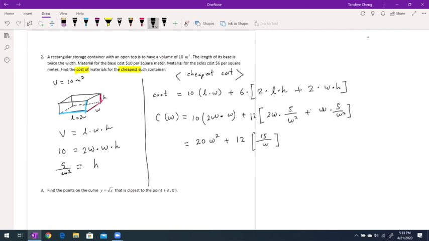We all following so far? So this will become 10w squared plus 12 times 15. So then I just said 180. Okay. Questions? Difficulties so far?